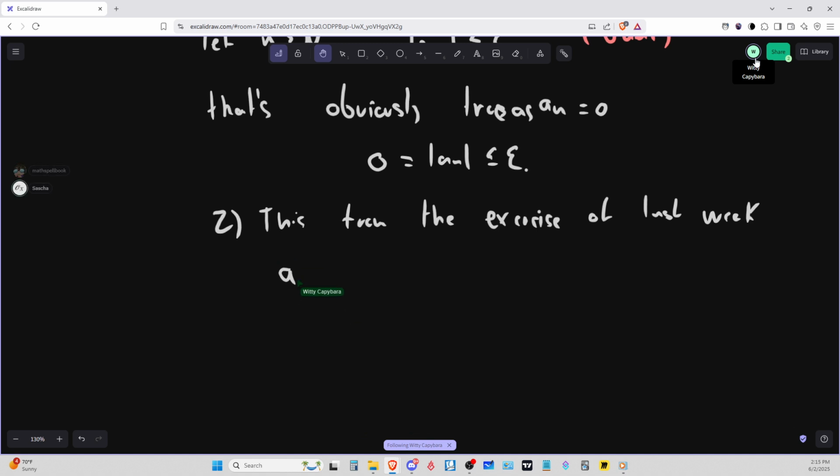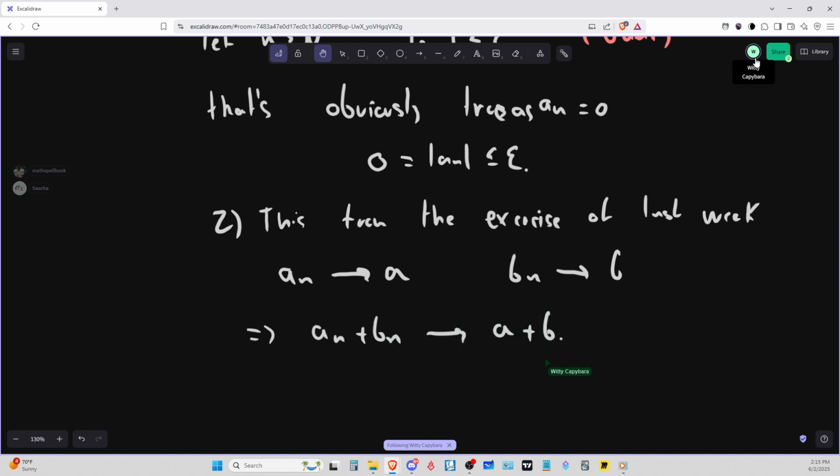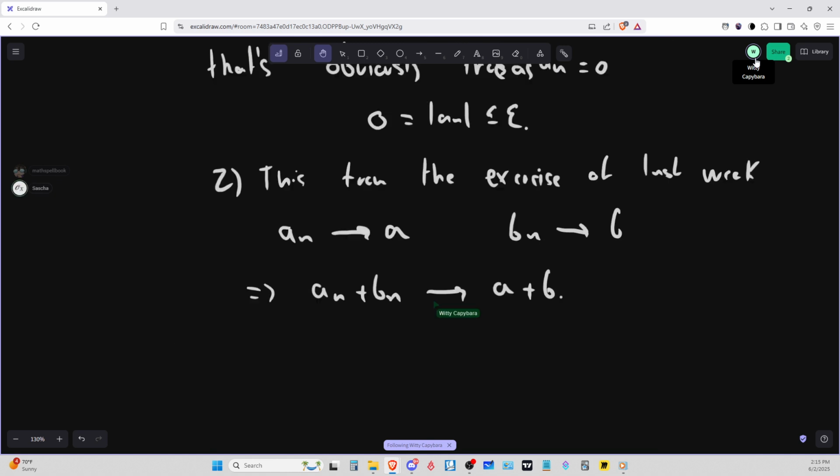Okay, so maybe I would just recall. If you have that a_n is converging to a and b_n is converging to b, then in the exercise I asked you to show that a_n plus b_n is converging to a plus b, and also to do it for multiplication and subtraction.